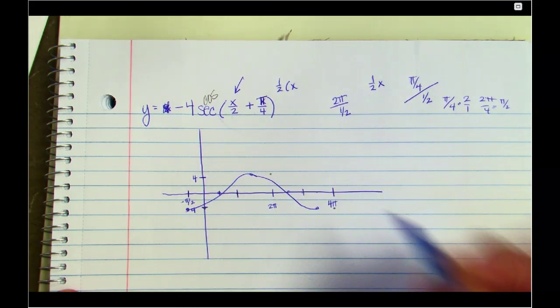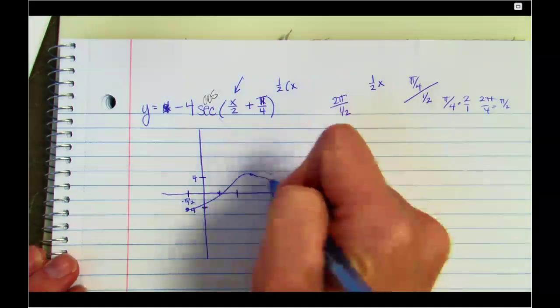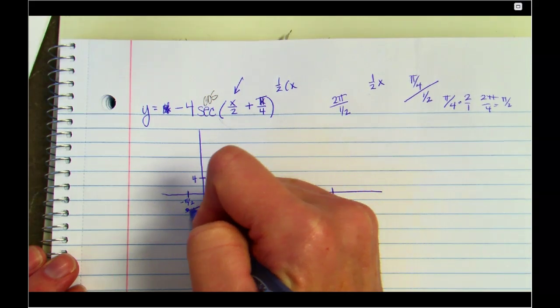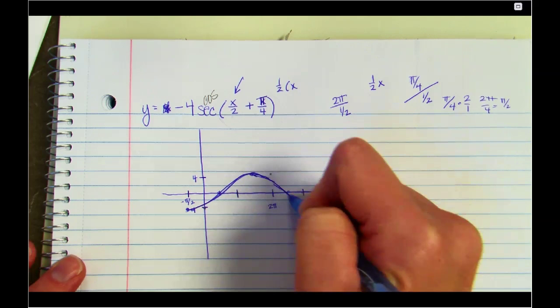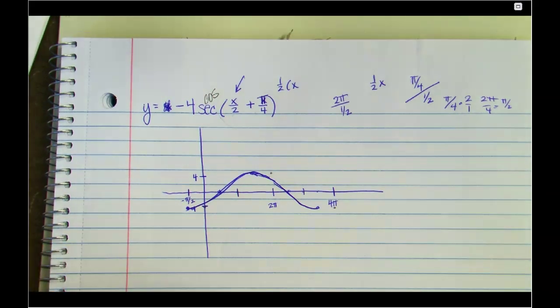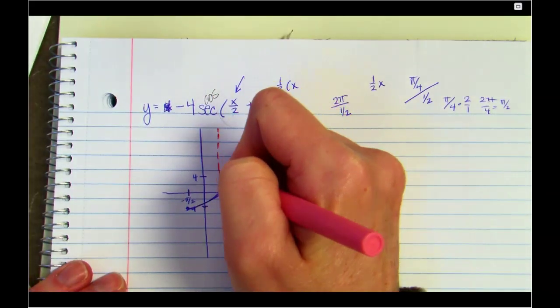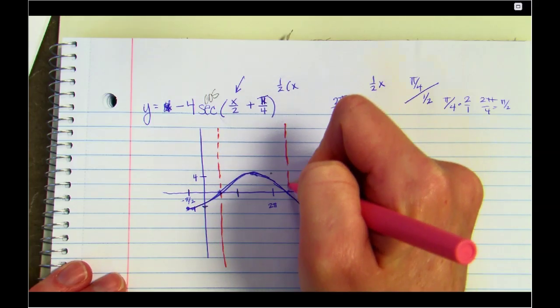This is really ugly. It looks kind of wrong. Yeah, I know. So that's why we were drawing in pencil, not pen. There you go. Okay, oh yeah, I forgot that I'm actually drawing secant.